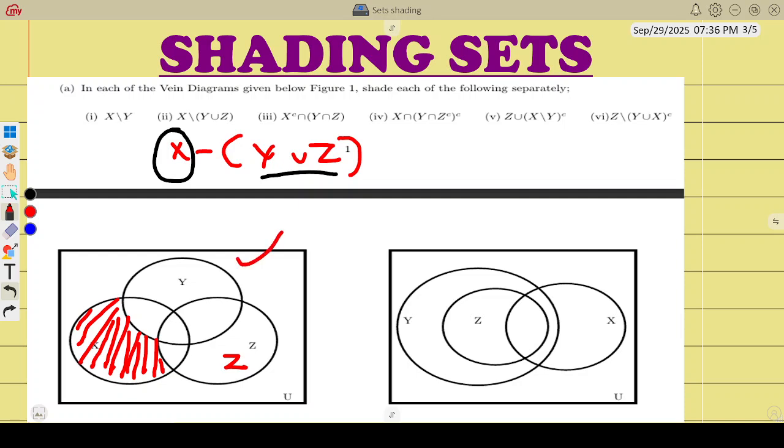And then here again we shade the same X. This is the thing in X, and then you do not cross. We do not want to shade Y, we do not want to shade Z, so we end there.